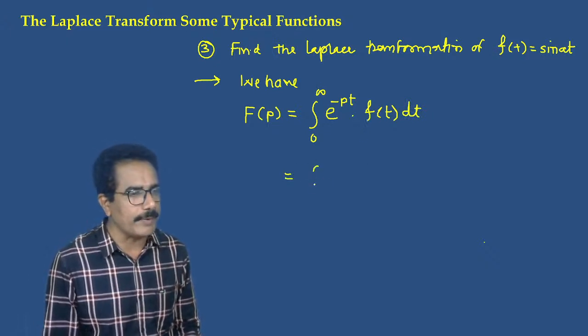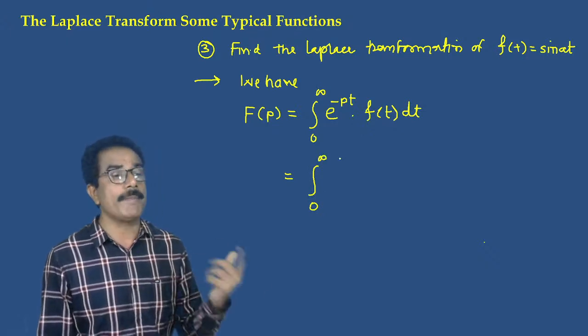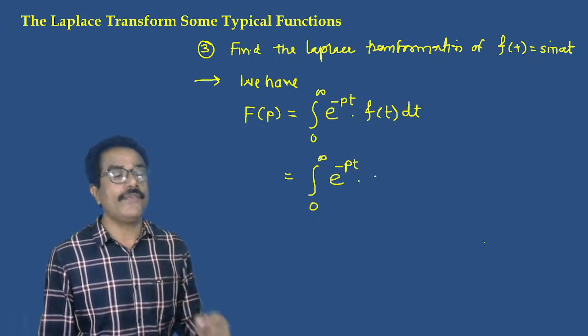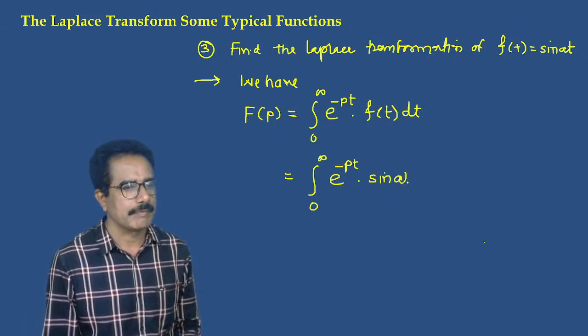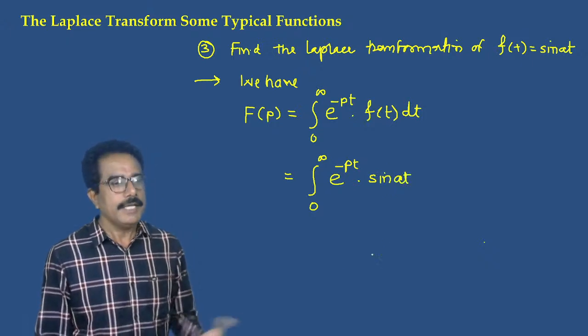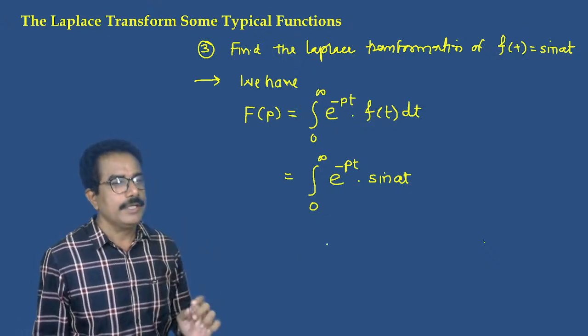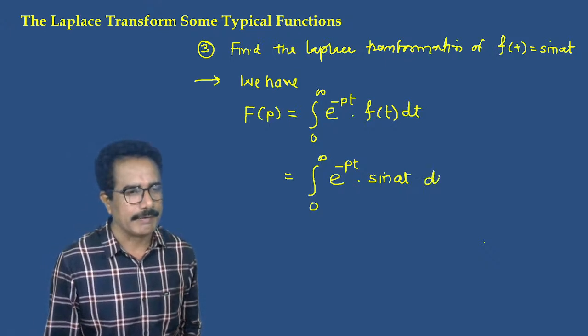What is the value of f of t? Integral from 0 to infinity e raised to minus pt into f of t means sin at. That can be written as e raised to minus pt into sin at dt.